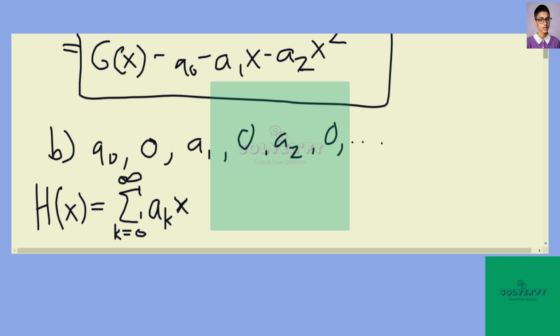If k is 1, this is x squared, so this is going to be x to the 2k.